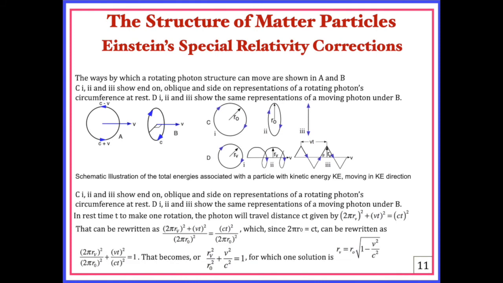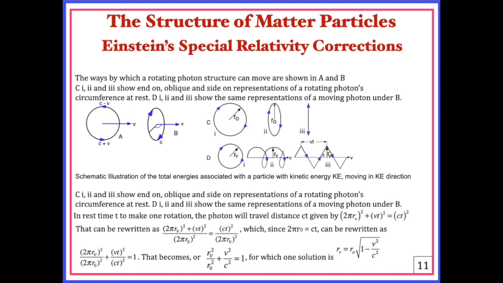In rest time t, to make one rotation, a photon will travel the distance ct, given by (2 pi r_v) squared plus (vt) squared equals (ct) squared. That can be rewritten as (2 pi r_v) squared plus (vt) squared, over (2 pi r_naught) squared, equals (ct) squared over (2 pi r_naught) squared, which, since 2 pi r_naught equals ct, becomes (2 pi r_v) squared over (2 pi r_naught) squared plus (vt) squared over (ct) squared equals 1.